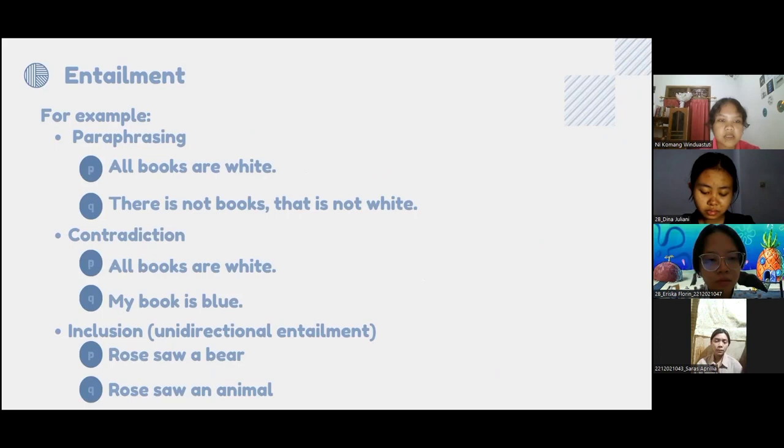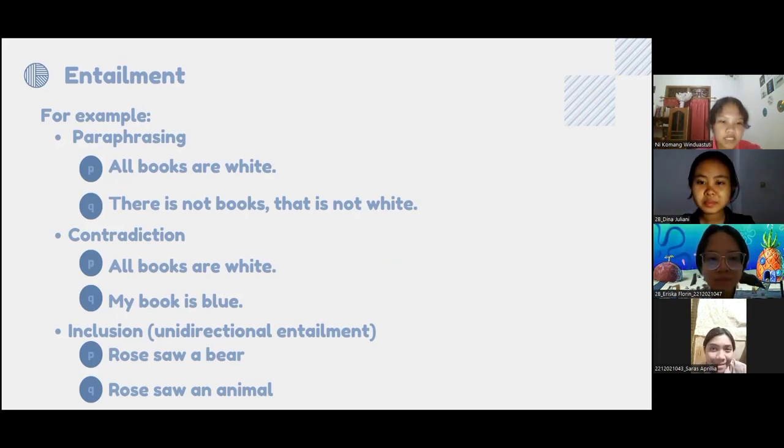Proposition one is all books are white, and another proposition is not books that are not white; it entails. Entailment is also used for contradiction. For example, proposition one: books are white, and another proposition: my book is blue. So it does not entail Q because it is a contrast.